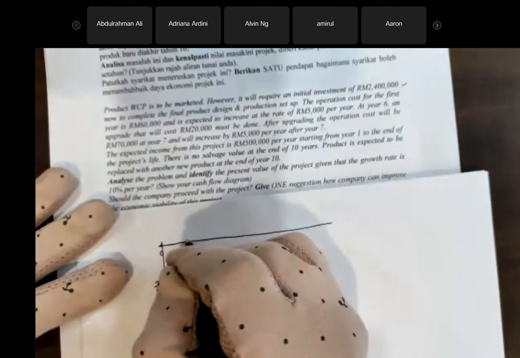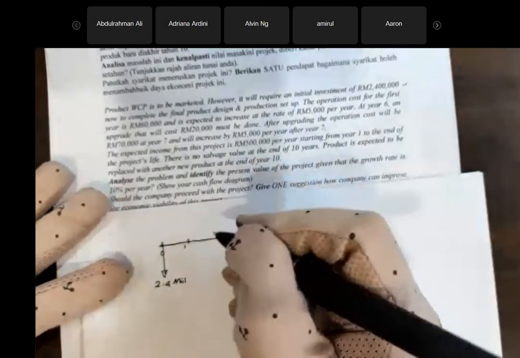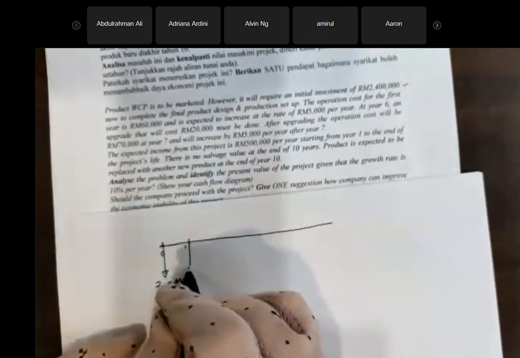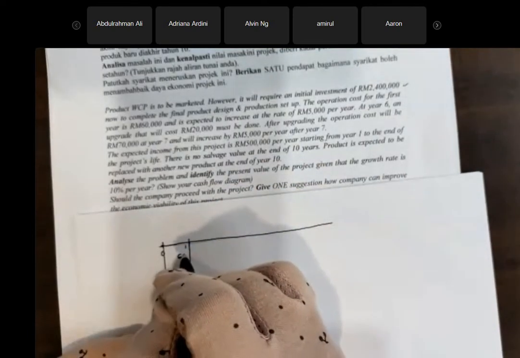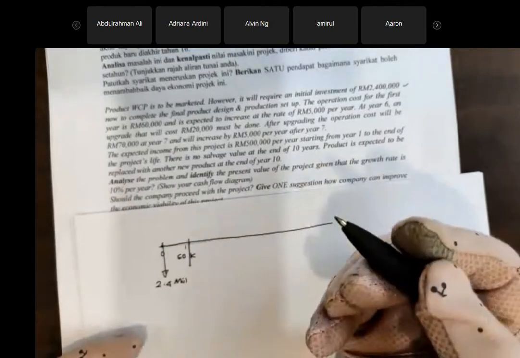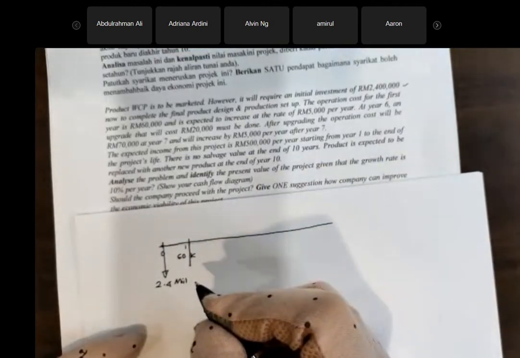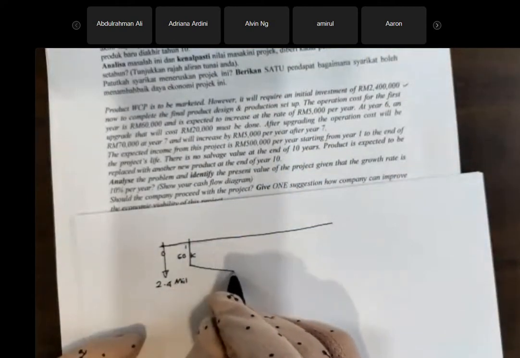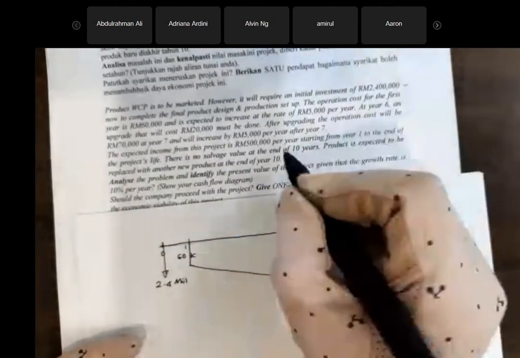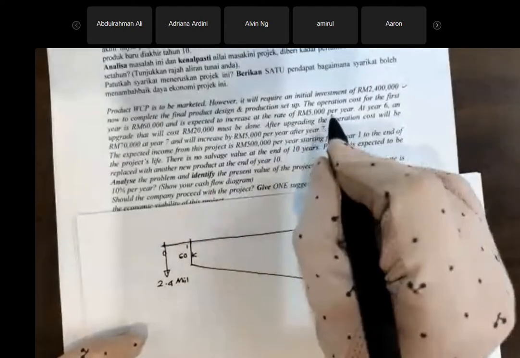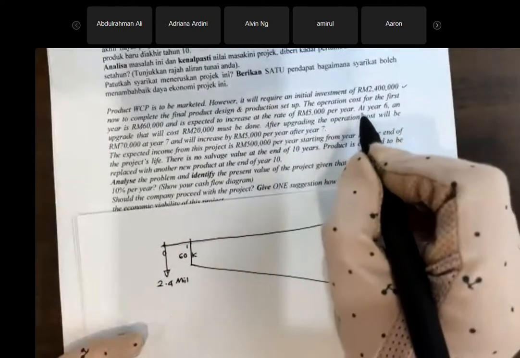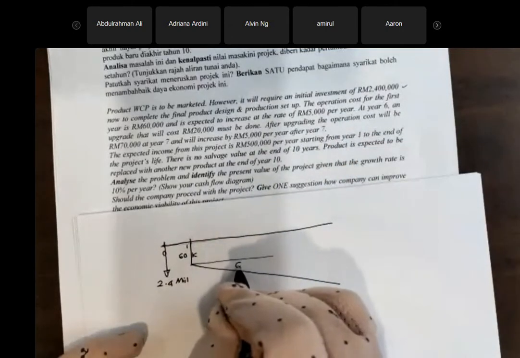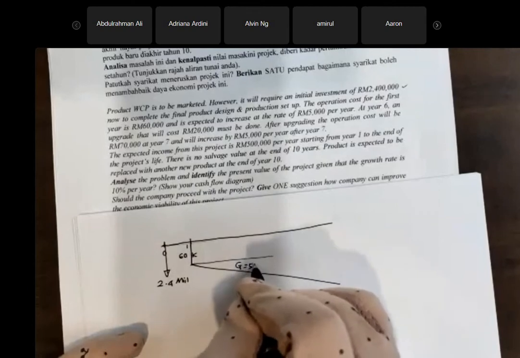So that means from the first year the value is, let's say, 60,000 and is expected to increase at the rate of 5,000 per year. At year 6, this one is G, 5,000.